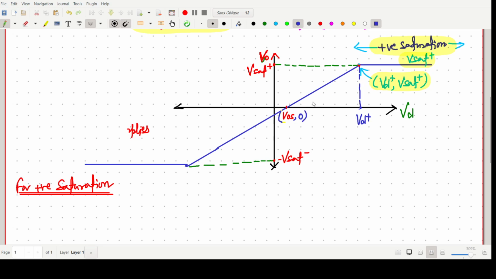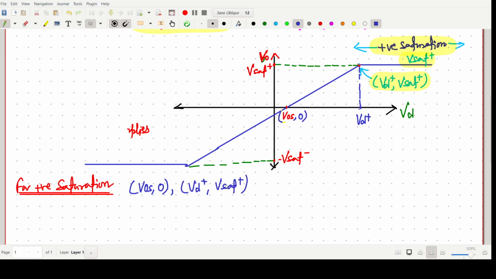So these two points are now given. For the straight line equation, we have one point V naught S and 0, and another point Vd plus and V sat plus.